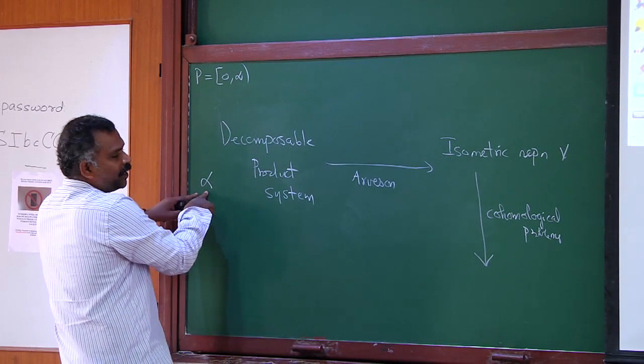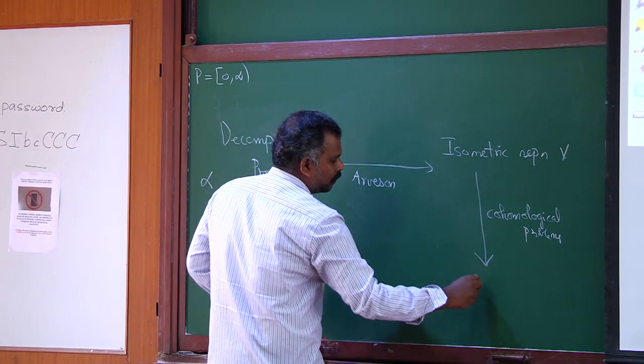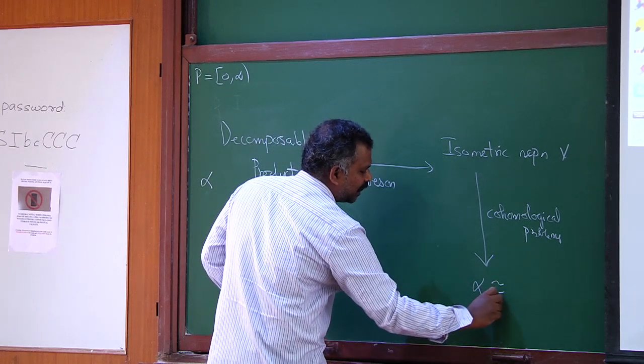You start with an alpha, you construct V, then you solve this cohomological problem to conclude that alpha is the same as alpha V.